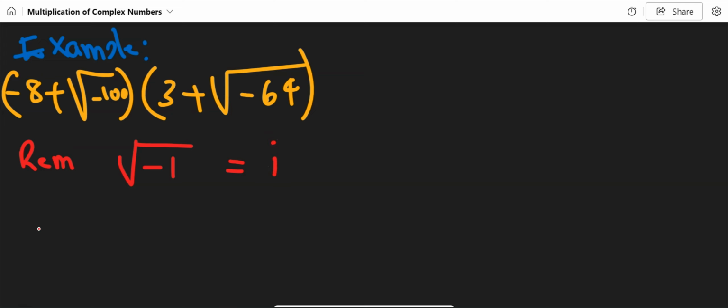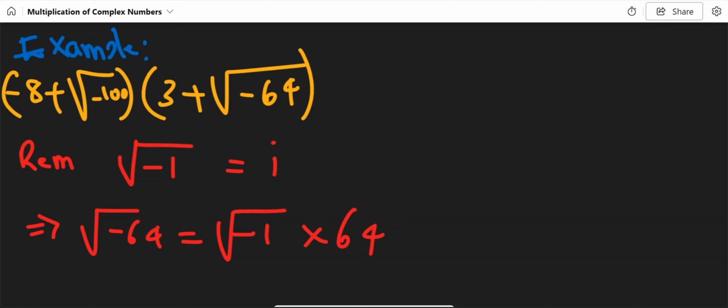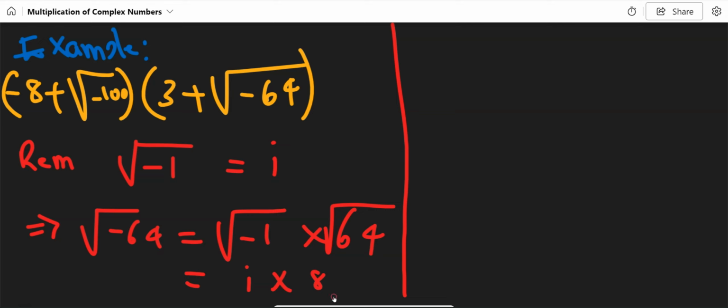So this implies that root negative 64 can be the same as root of negative 1 times 64, which simply means this is i times 8. So we split that, so that is i times 8, this is 8i.